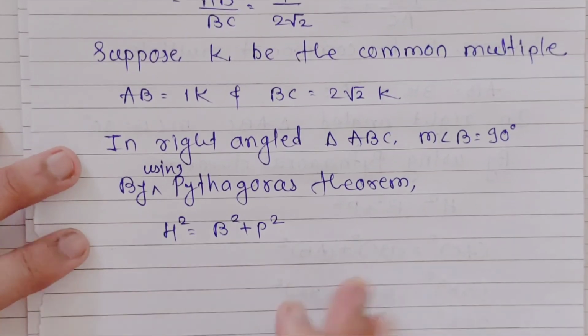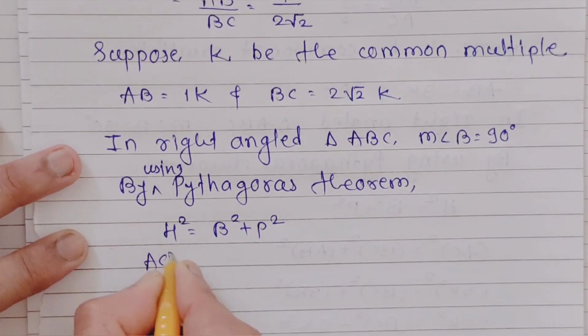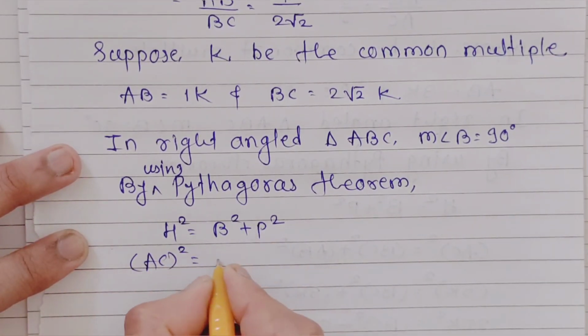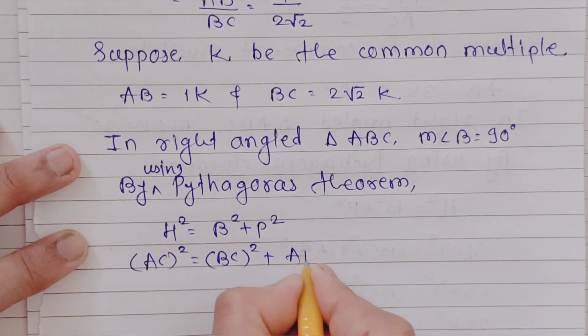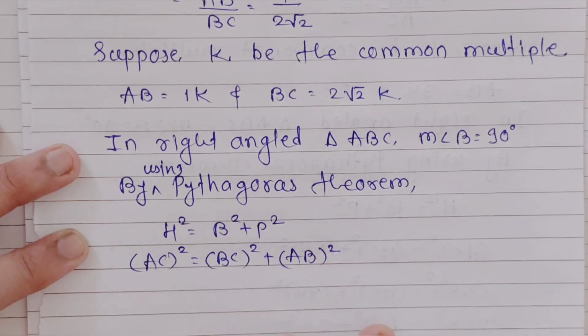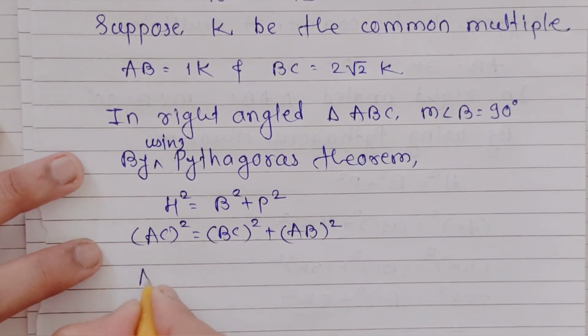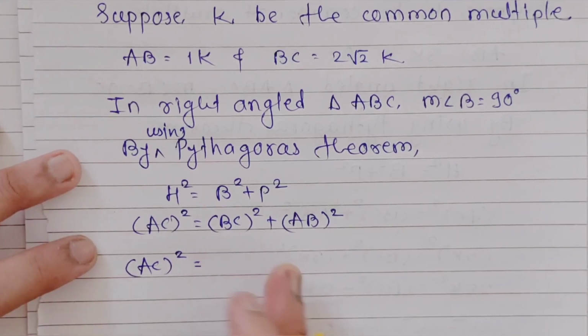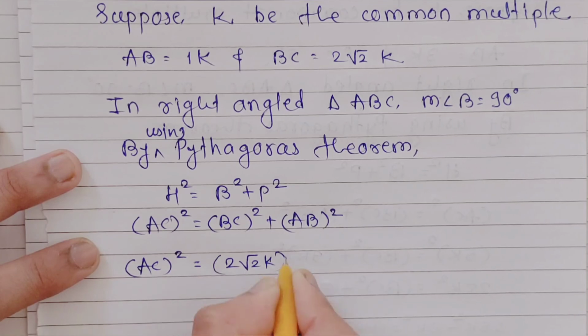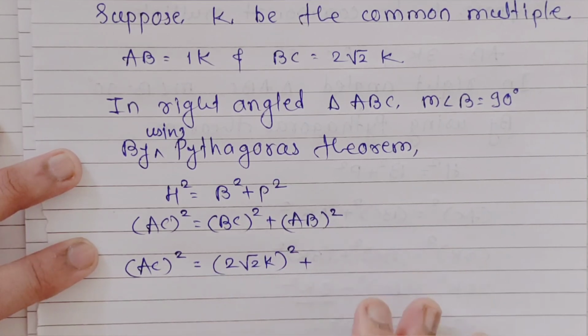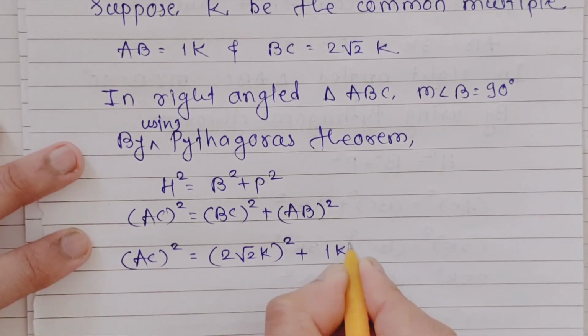So hypotenuse square, that means AC square, is equal to base square, that means BC square, plus perpendicular square, that means AB square. Is it clear? So simply we have to put the values. AC square as it is, we have to find the length of AC. Then BC square, that means (2 root 2 K) square, plus AB square, that means (1K) square.